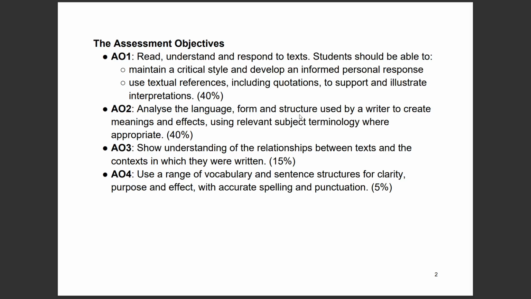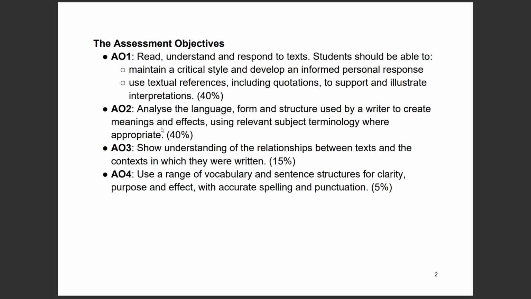If you think about a novel, for example, to talk about the layout of a novel doesn't make any sense. You could talk about the chapters, for example. That would be structure, how it's organized, but layout wouldn't make any sense. So structure means how does the writer begin? How do they develop their theme, their ideas, their message, and how do they end?